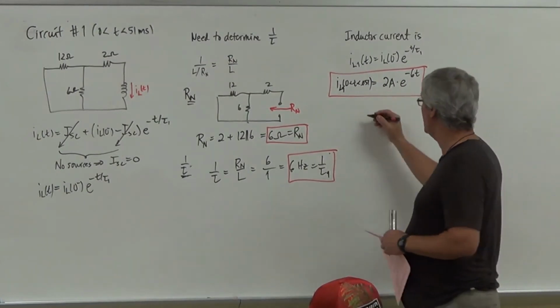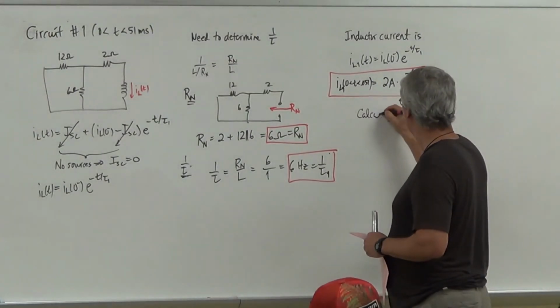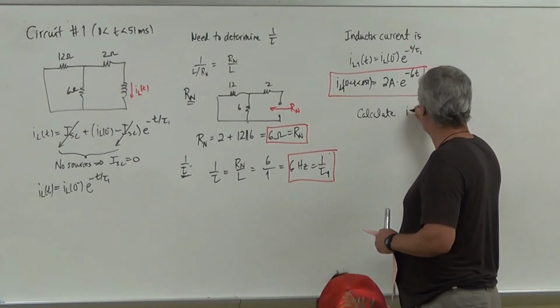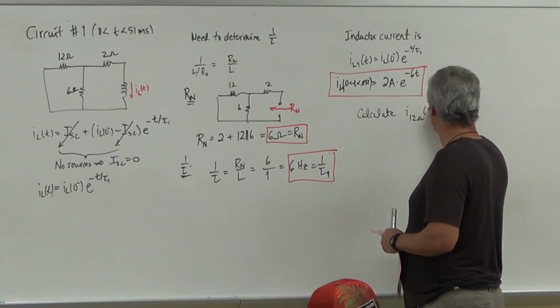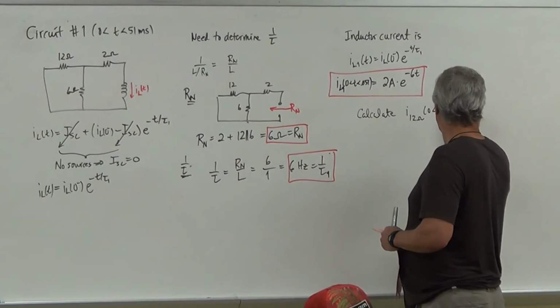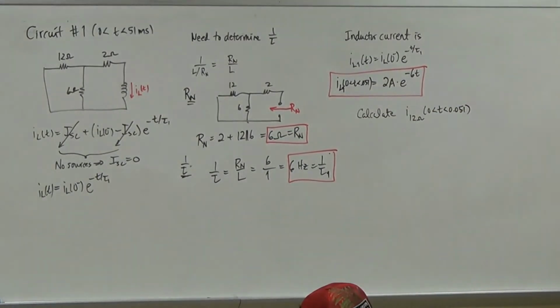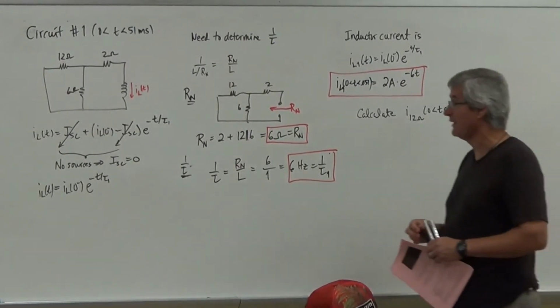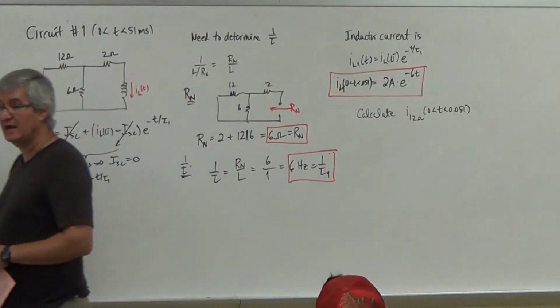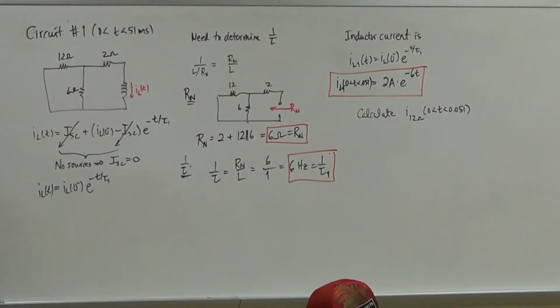But what we want to do now is calculate I12 ohms between 0 and 51 milliseconds here. So let's look at the circuit. If I follow the current, what is the current doing?